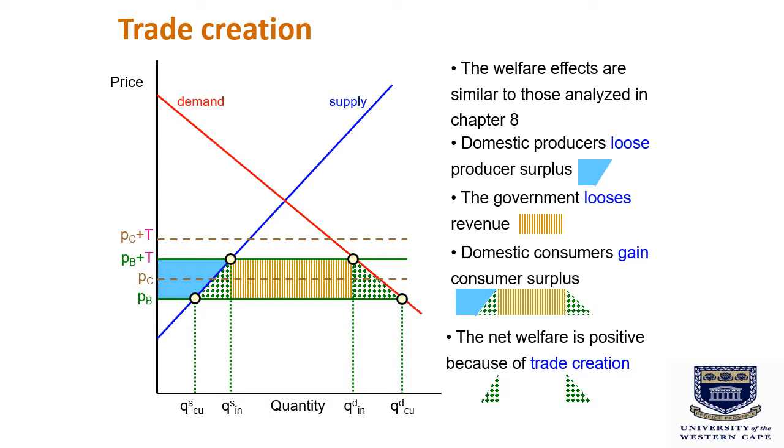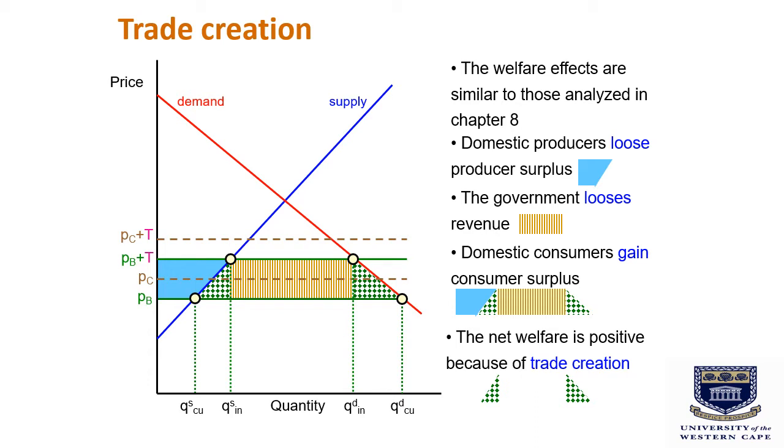But what is also occurring? Besides the increase in consumer surplus and the decrease in producer surplus, there is also a decrease in government revenue. No longer is the tariff involved. So there's no tariff, there is no money that the government can actually make.